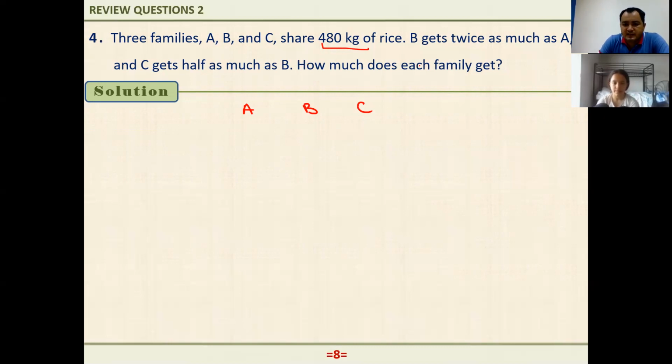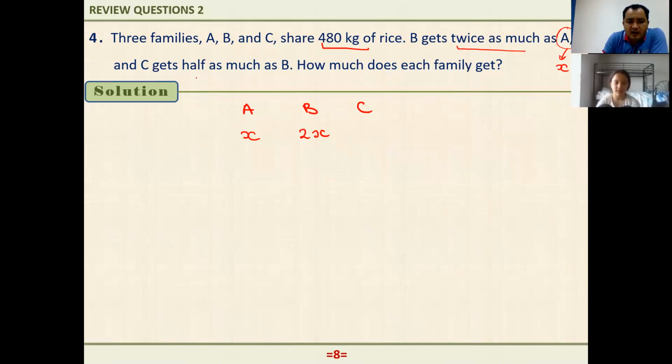Second part, it says that B gets twice as much as A. So how many kilos of rice does family A have? We don't know. So let's say that A has X kilos of rice. And here it says that B gets twice as much as A. So if this is X, B has 2 times X, right? Continue.